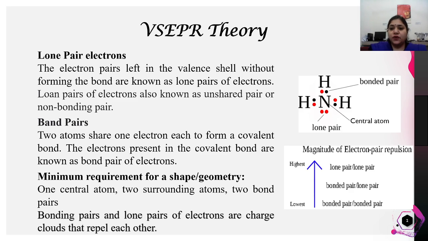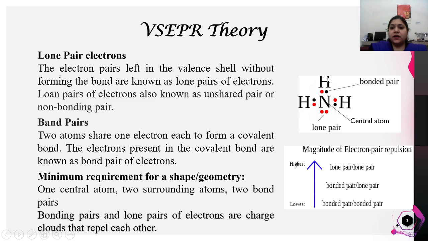If two electrons are forming a bond pair, then one electron is from one atom and the other electron is from the other atom. Whereas in the case of a lone pair, both electrons belong to the same atom, that is the central atom. In the case of bond pairs, one electron belongs to the central atom and the other belongs to the surrounding atom.